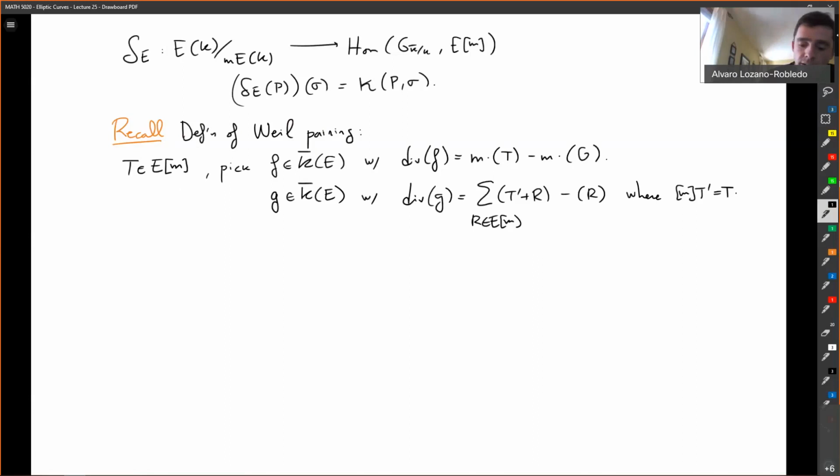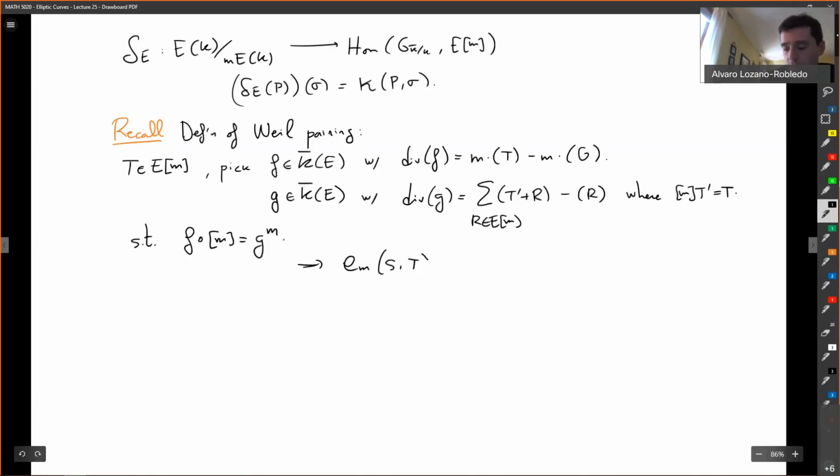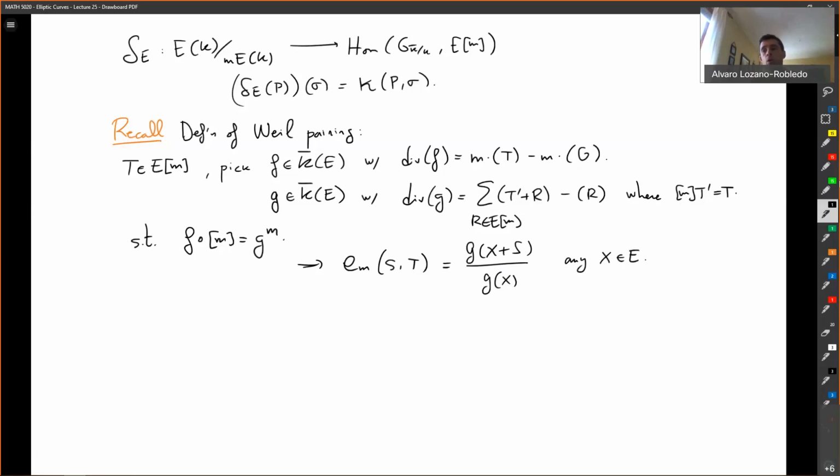Okay, and these two functions, f composed with multiplication by m and g to the m, we saw that they were the same function up to a constant, so we can pick them so that this happens. All right, and then the pairing was the value of this for any X on E. It didn't depend on what point X you took. That was the pairing.